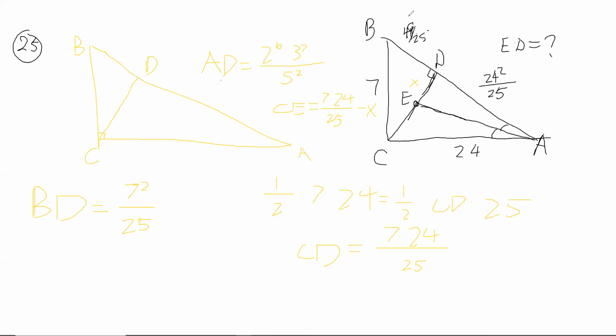So by the angle bisector theorem, AD over AC equals DE over CE.